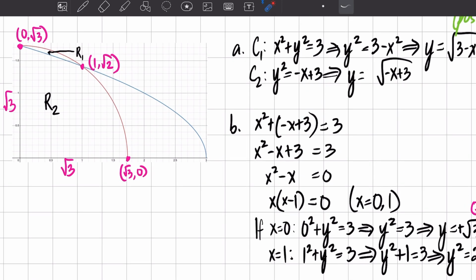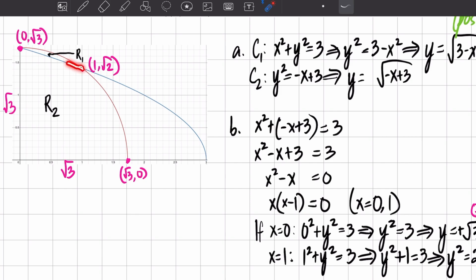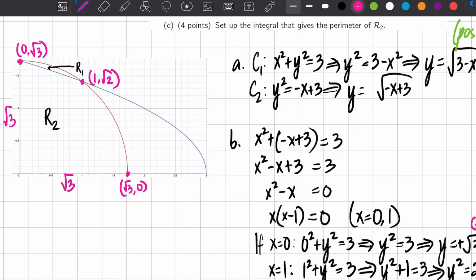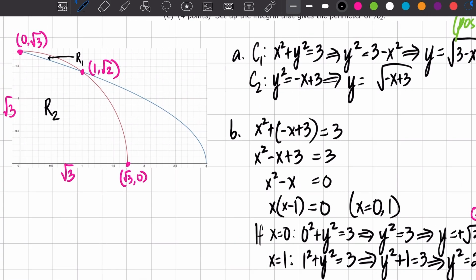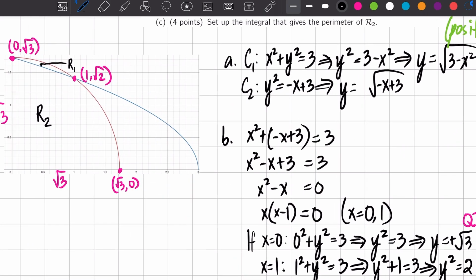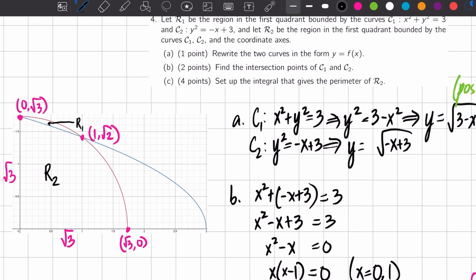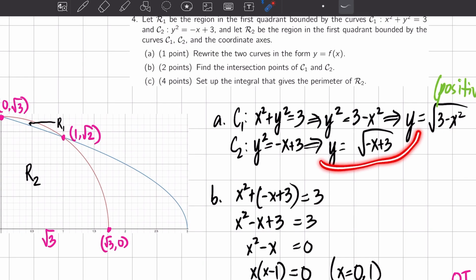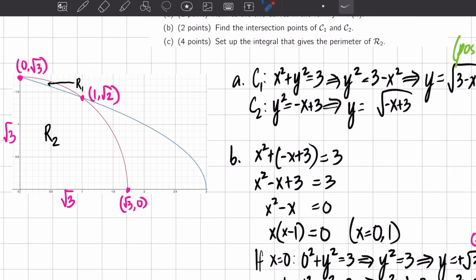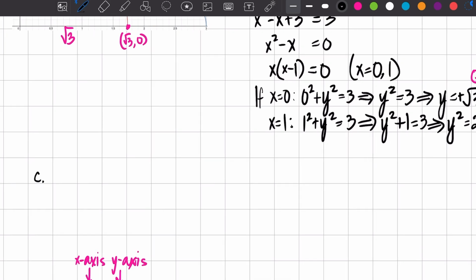Our problem right now is this curve right here and this other curve right here. Okay? So what we have again for the blue curve is the parabola. What we have is y equals square root of negative x plus 3.